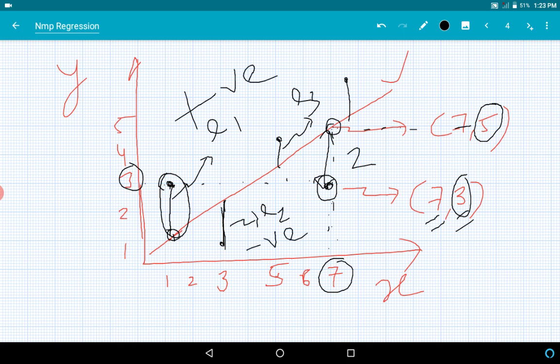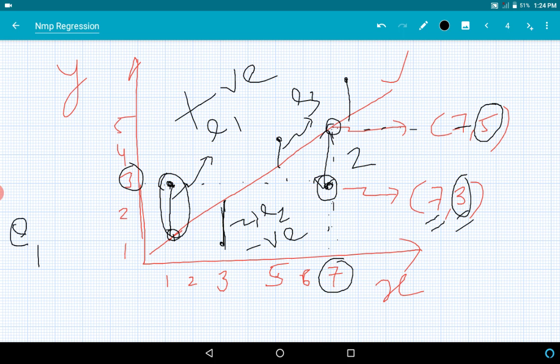So what I am supposed to do is calculate the error for every actual point. And ultimately I will try to minimize the sum of the squares of the residuals. Now what is a residual? A residual is nothing but this E1 which I have calculated.